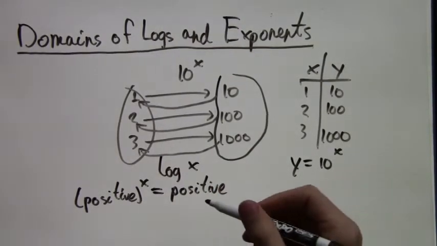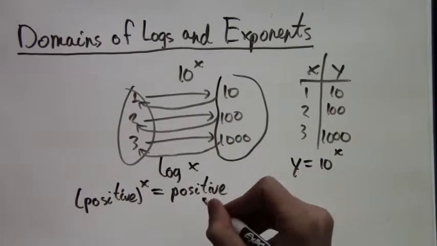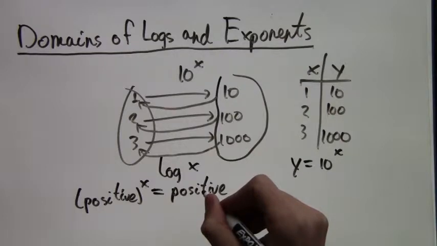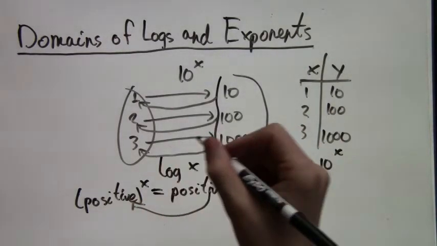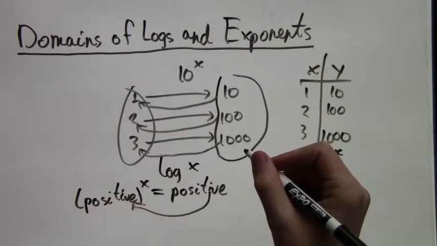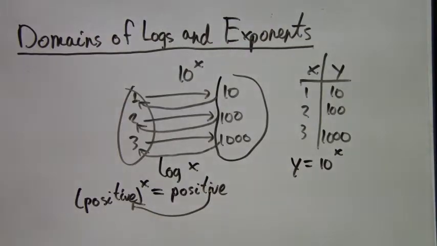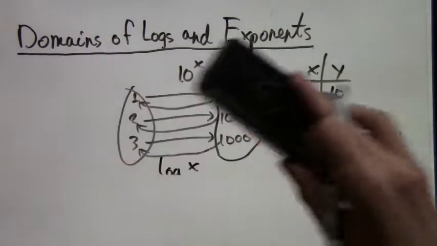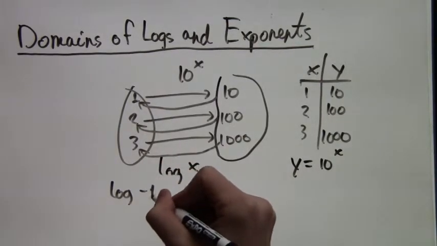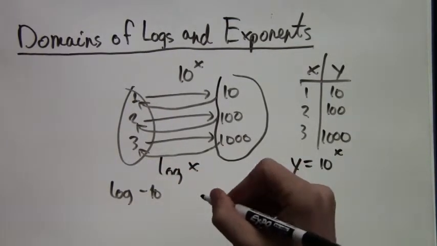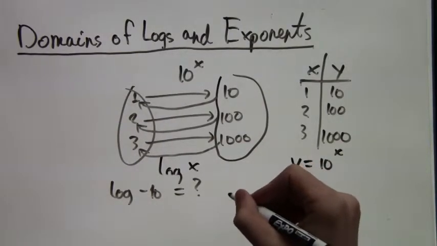Now here is where the limitation on log of x comes in. If log of x takes this positive number and returns the exponent, positive or negative, then we cannot plug in a negative number. Meaning, suppose we have, let's say, log of negative 10. What this amounts to is, what is the power of 10 which gives us negative 10?